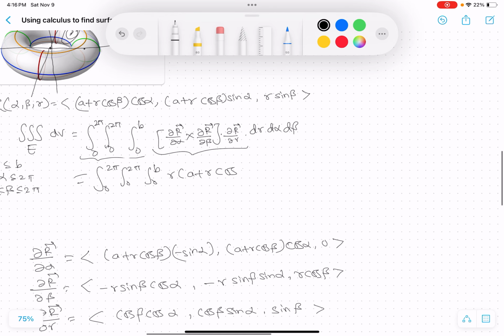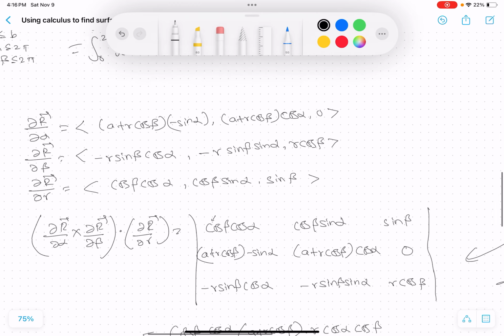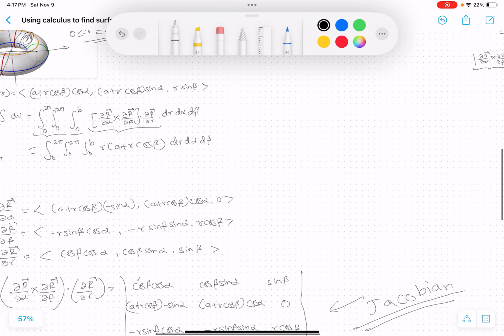Oh yeah, it's beta. B shouldn't be there, right? Okay. Again, to evaluate this, we know that this will now just be a r plus a r cos beta, right? And dr d alpha d beta.